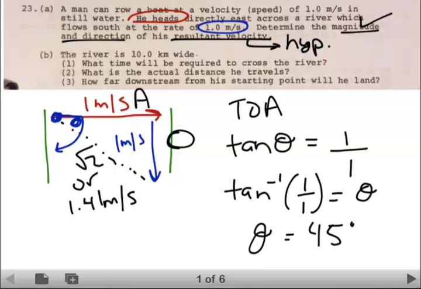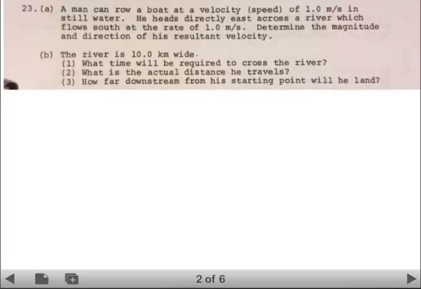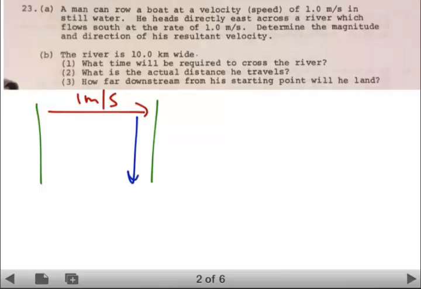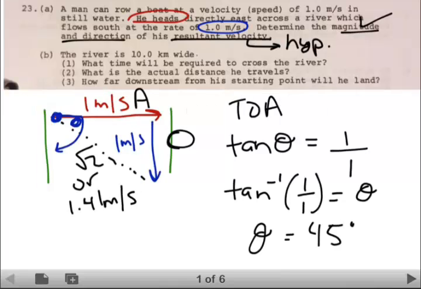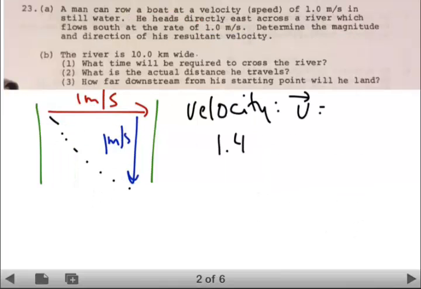Okay, so what have we figured out here? Well, let's just put it onto a cleaner slide. So we have this. Here's our shores. We have our guy. He's going across at 1 meter per second. The water is pushing him this way, 1 meter per second. And we found that his resultant velocity is equal to 1.41 meters per second.